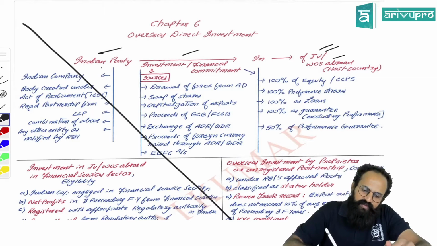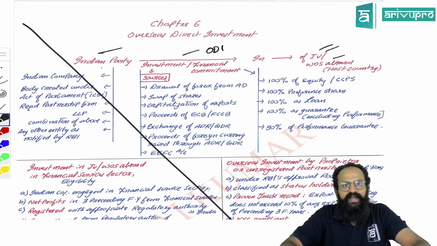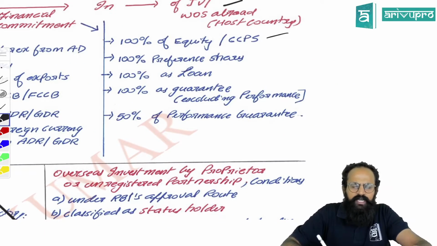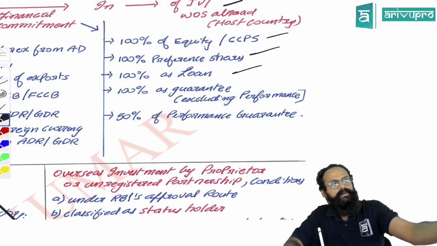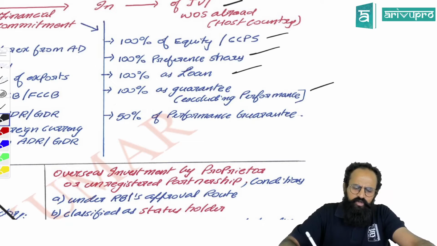Next, we had only one term, people, that is ODI, Overseas Direct Investment. Earlier, we used to call all these things by it: it included equity, it included preference shares, it included loans. Imagine an Indian company giving a loan to a foreign company; we used to call everything ODI. We also used to give guarantees.